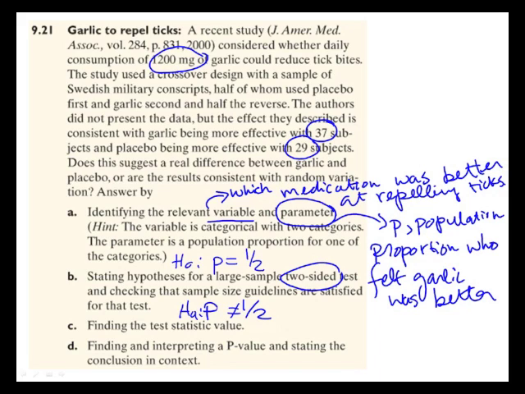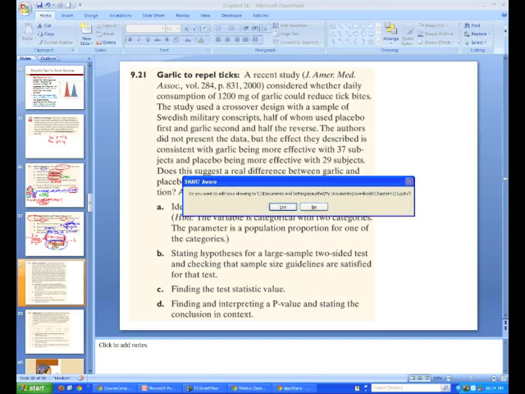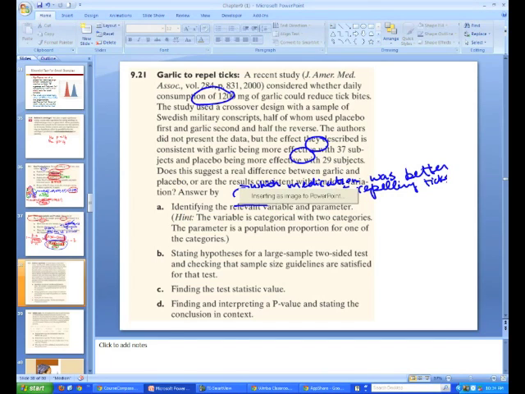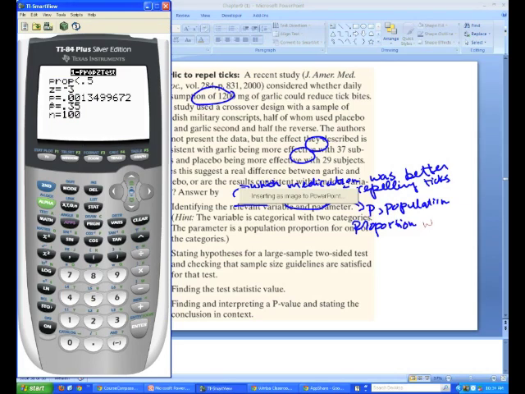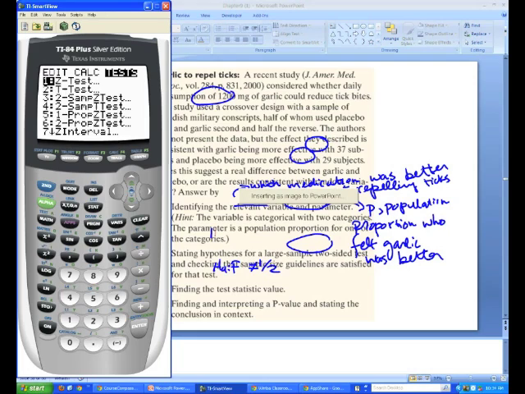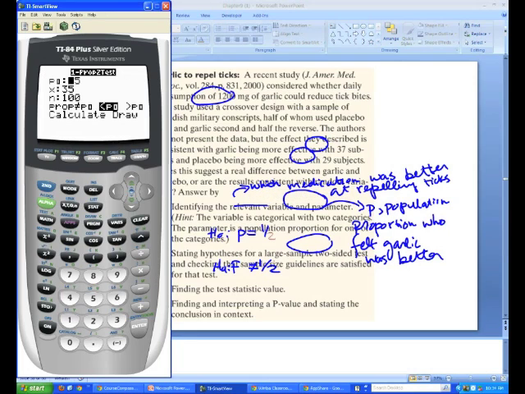Okay, so let's do this on the calculator for C and D. It says find the test statistic value. So what are we going to want to do on the calculator? Our P0 will be 0.5, and our X, number of successes, is 37.